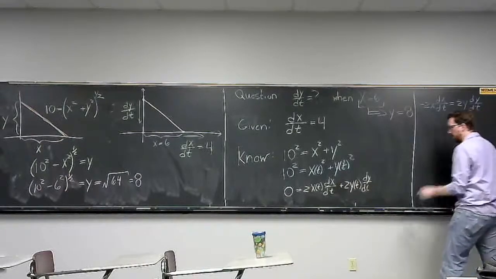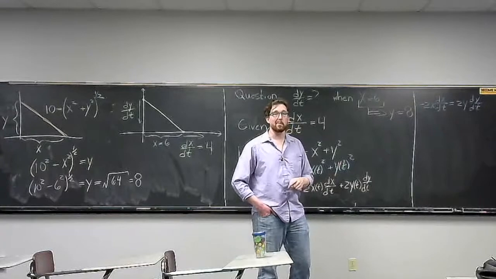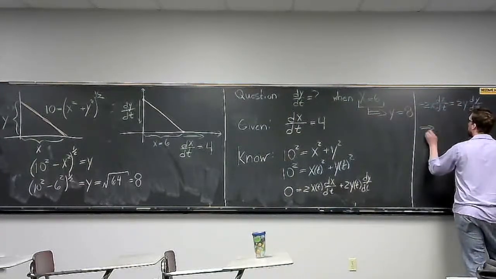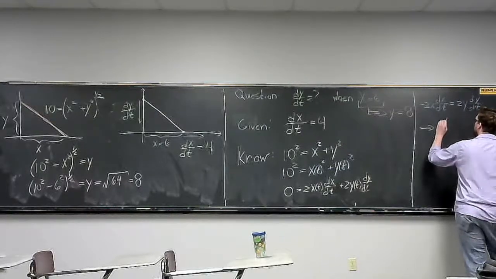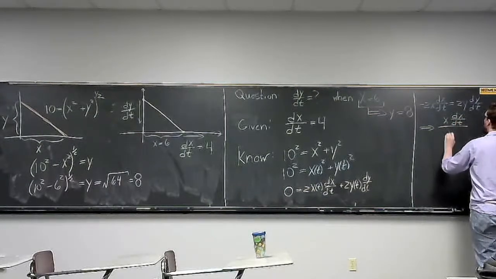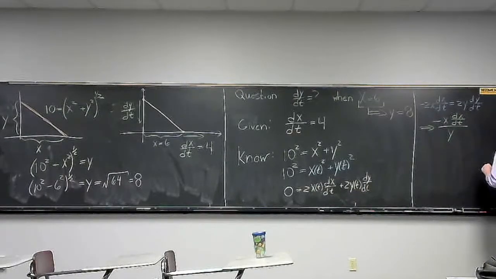Well, notice we can get rid of the 2's, and we can divide both sides by y to give us that negative x times dx/dt divided by y is equal to dy/dt.